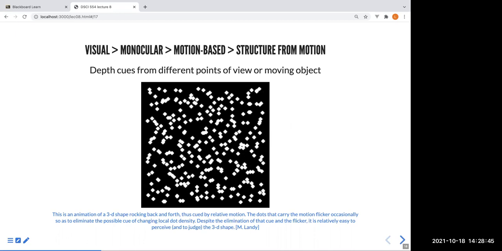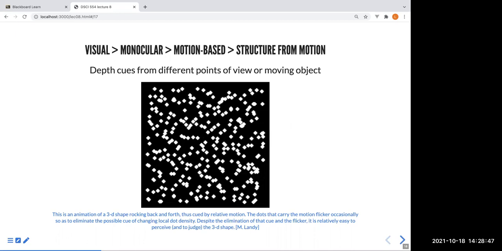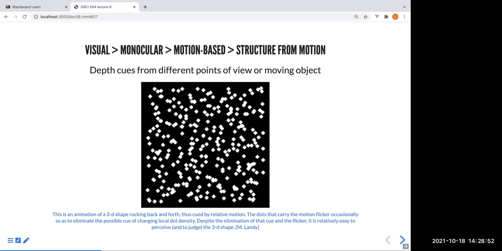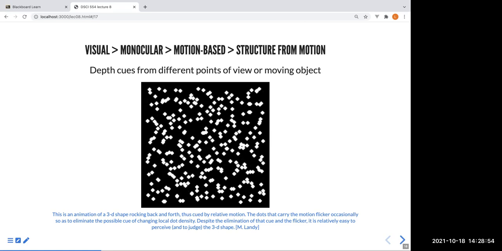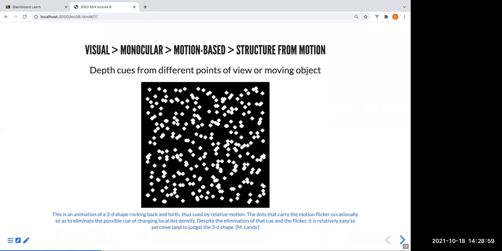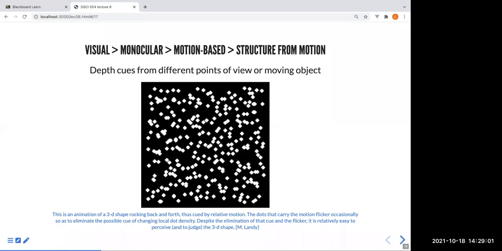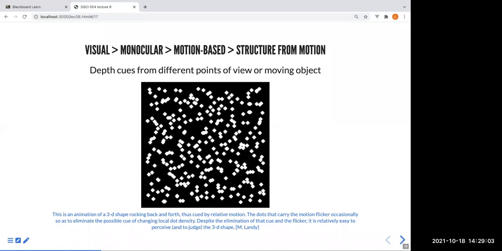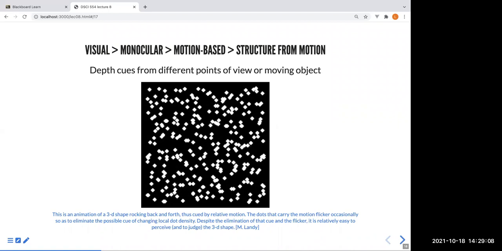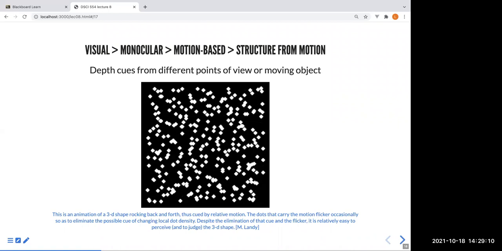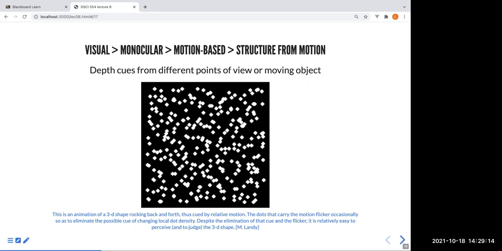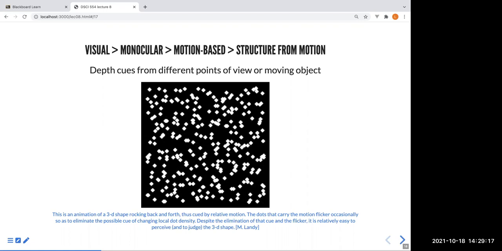Here, the dots that are farther away are going to move less than the dots that are closer. Here, they're randomly removing the dots so that you don't get a clue from the shape of the object. So you see that the dots are just flickering. They're actually not flickering, but they're changing as the object moves, so that the shape of the object doesn't interfere with your perception of depth.